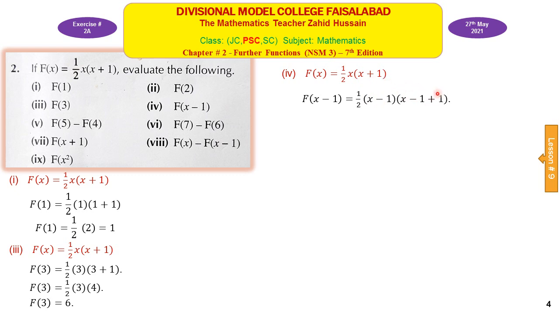Within these brackets, this plus 1 will be cancelled with this minus 1, and we will be left with 1 over 2 x minus 1 and x. This x can be written between 1 over 2 and this bracket. So the answer of part 4 is f of x minus 1 is equal to 1 over 2 x into x minus 1.